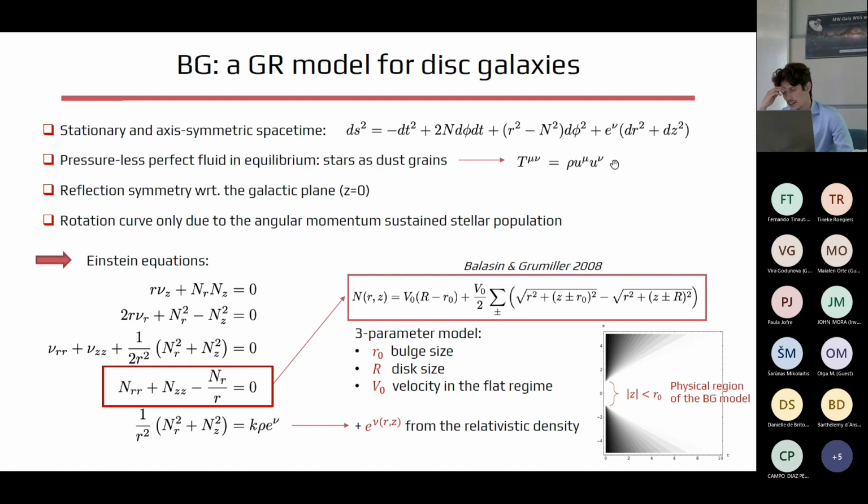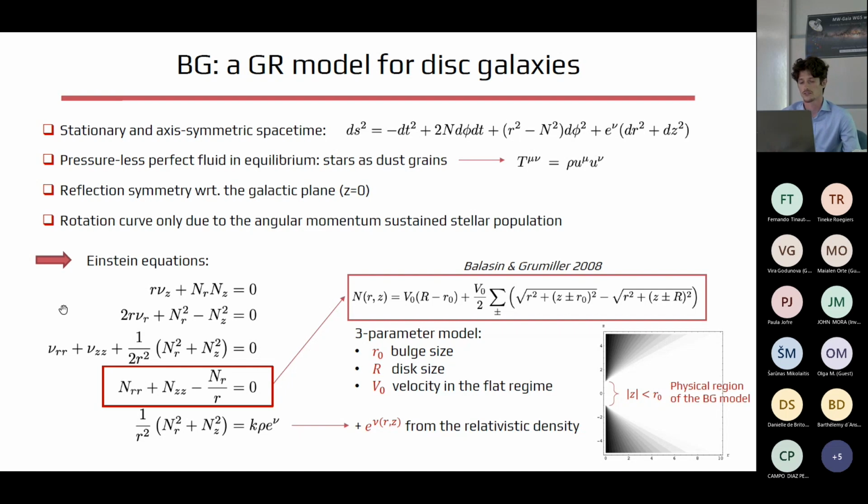So basically, we are thinking of a galactic disk that is made of stars that can be seen as dust grains with no interactions or pressure. In this way, we can consider the rotation curve only due to the angular momentum sustained stellar population.